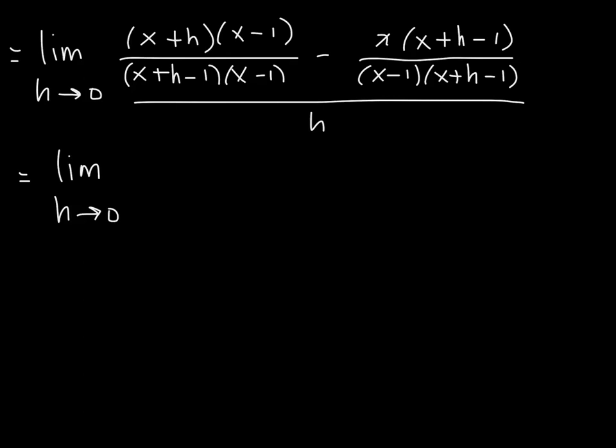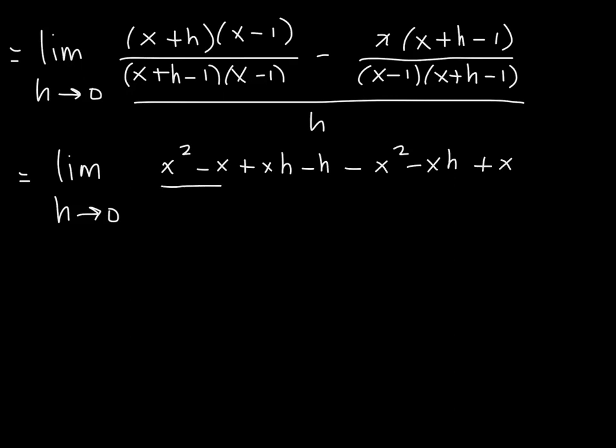So then this is equal to the limit as h approaches 0 of, let's expand these binomials. I'm going to do a few things at once, folks. I am going to expand this binomial by distributing. I'm going to distribute a negative x here, and I'll put all of that over the same denominator. So that'll give me x squared minus x plus xh minus h minus x squared minus xh plus x.